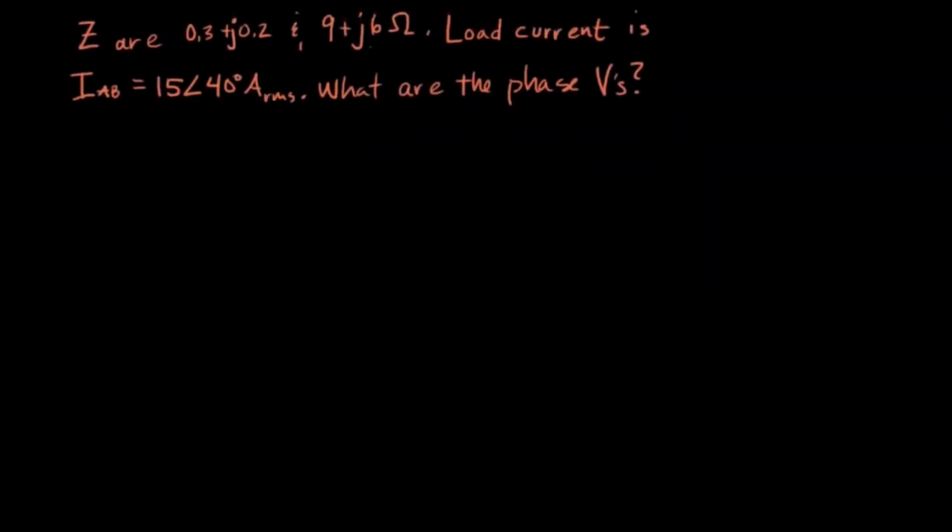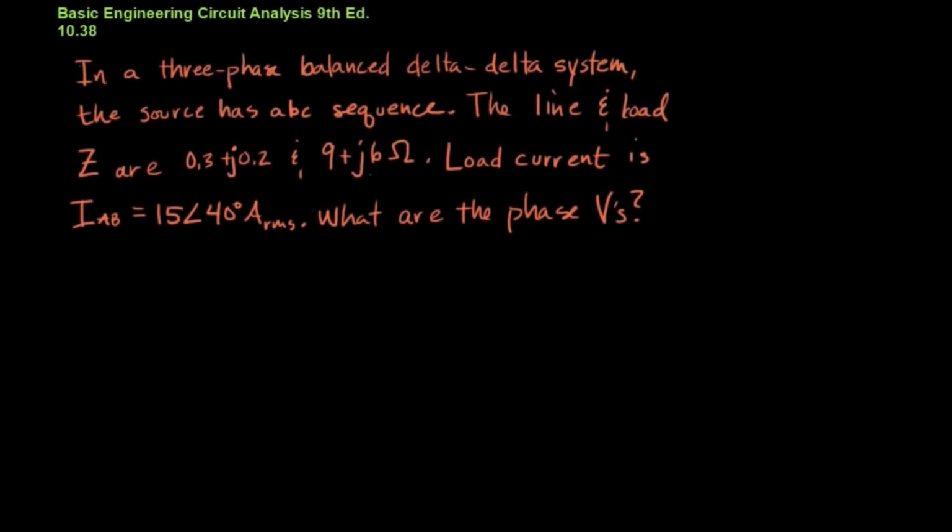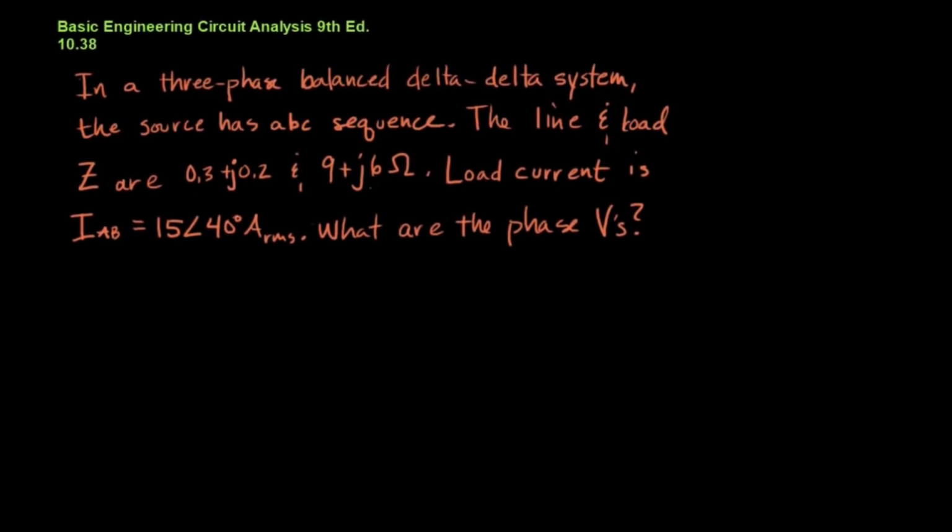So here's the problem, and let's move through it and try and design a circuit that emulates this problem. We have a three-phase balanced delta to delta system that has an ABC sequence. What's that telling us? Delta to delta.